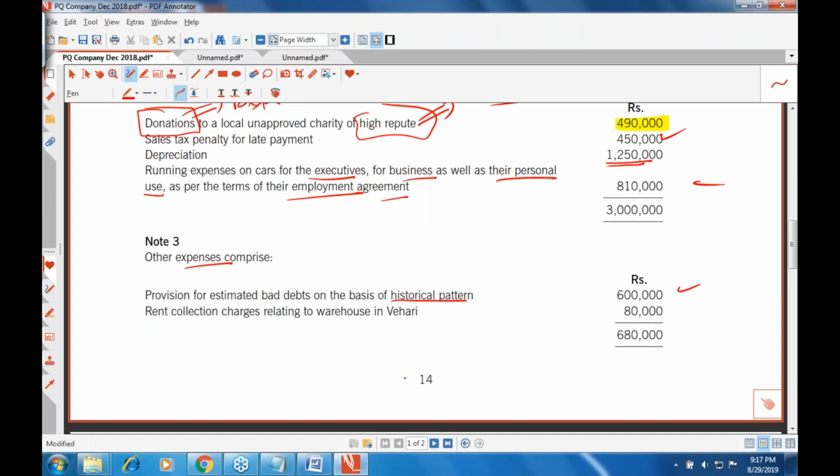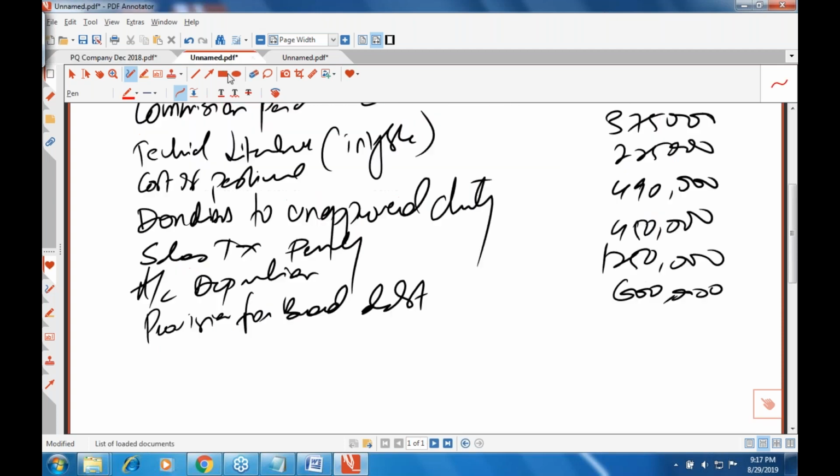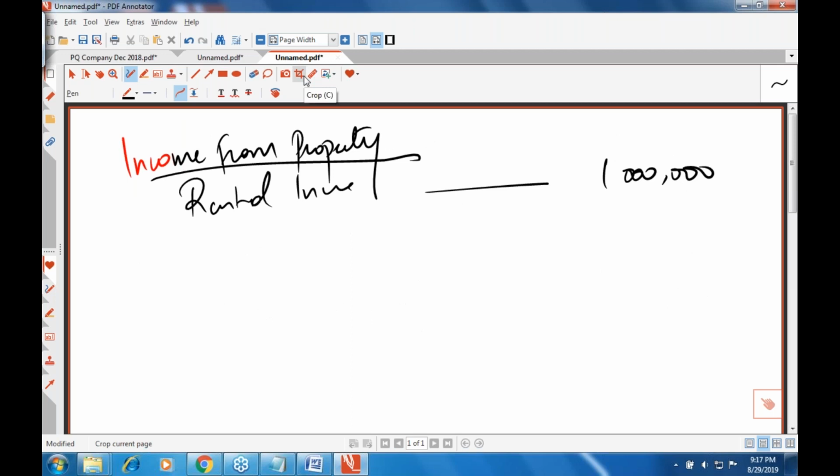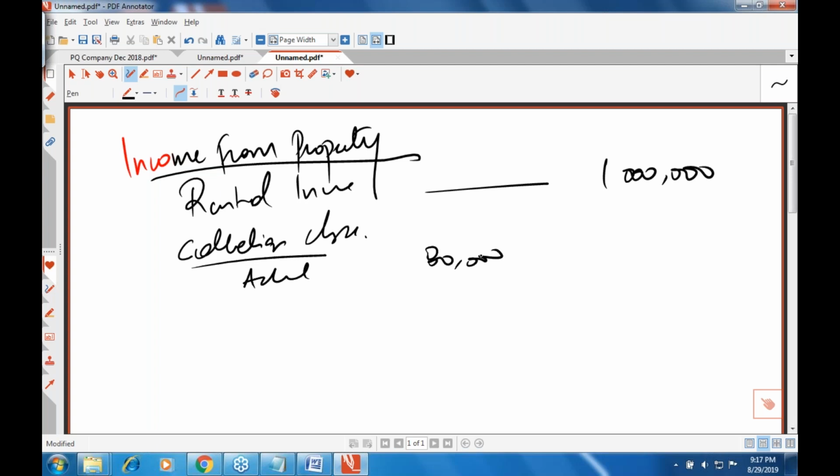Next, it says the rent collection charges relating to the warehouse and Rihadi are also not going to be allowed, because those charges are going to be claimed under income from property. So this is 80,000. If we talk about it, the rental income is there, and the actual rent collection charges are 80,000.